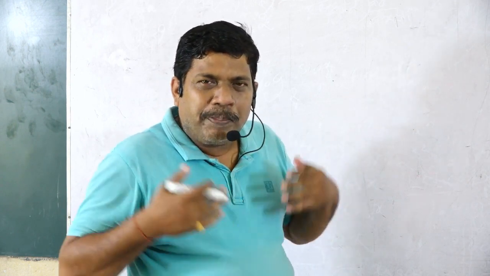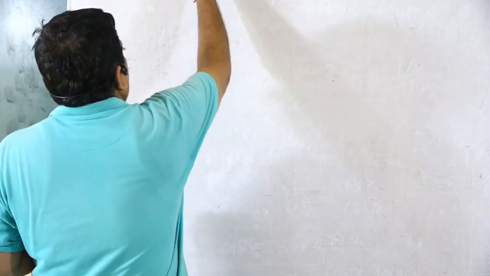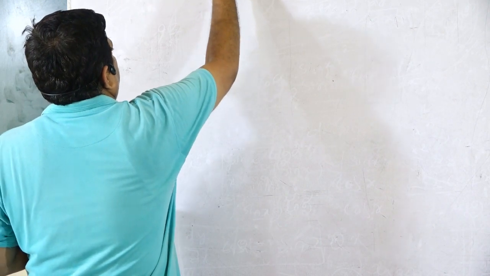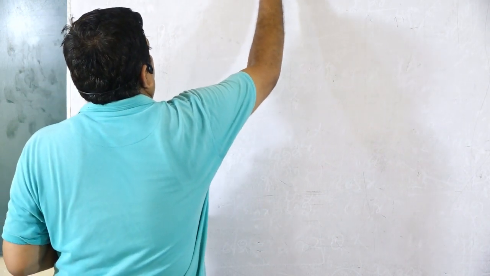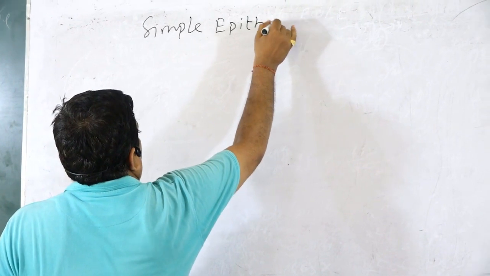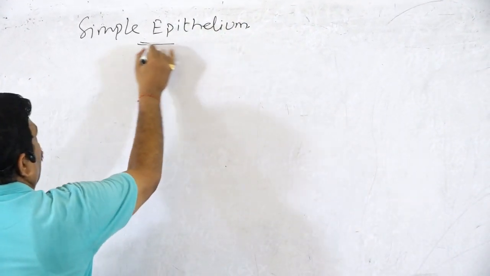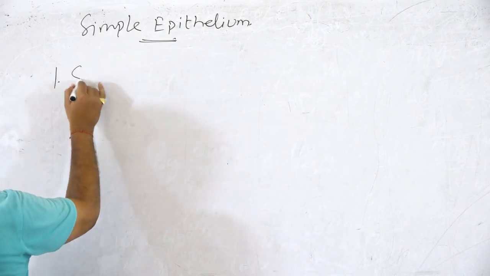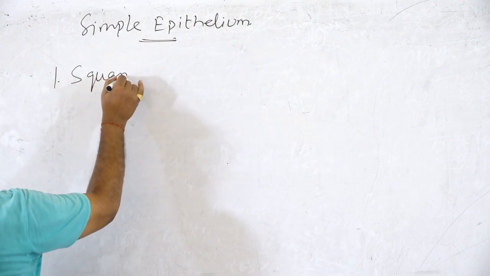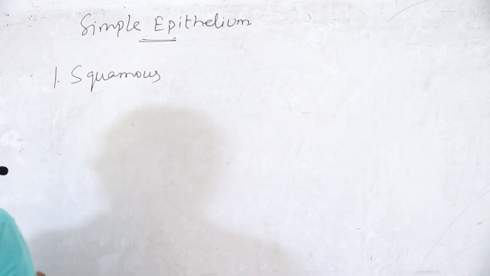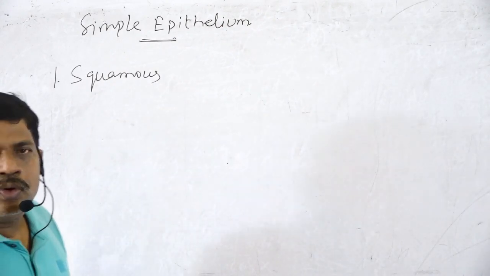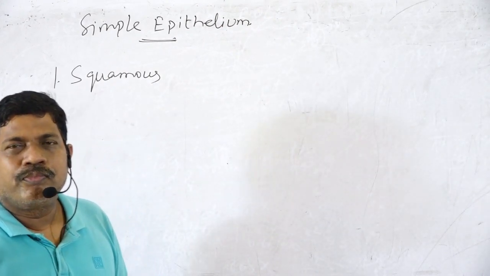So that simple epithelium again is of several types on several bases. What are they? Simple epithelium, number one, squamous epithelium. What is squamous epithelium?